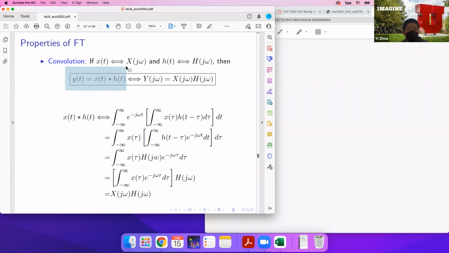Now this happens in the time domain, but if we transform everything into the frequency domain, we can get rid of the convolution on the right-hand side. After taking Fourier transform on both sides, we end up with, in the frequency domain, the spectrum of the output signal being the product of the spectrums of the input and the system response. So in the frequency domain, we only need to deal with the product instead of convolution.